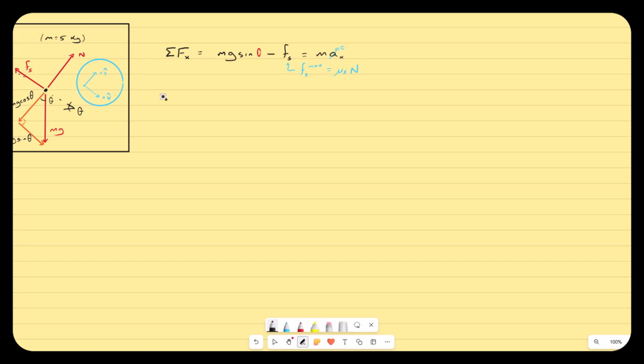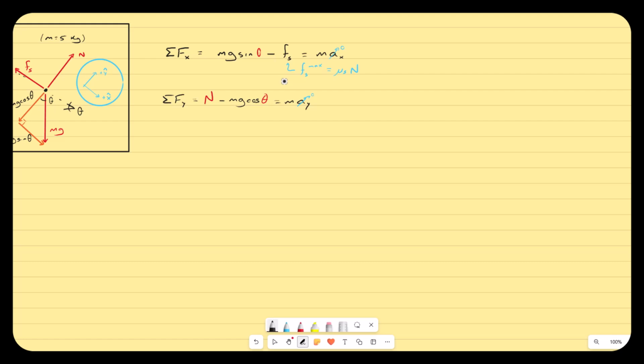So y direction. My y forces, I've got a normal force going up, and I've got an mg cos theta going down. That's it. So it equals mass times acceleration in y. My acceleration in y had also better be 0.